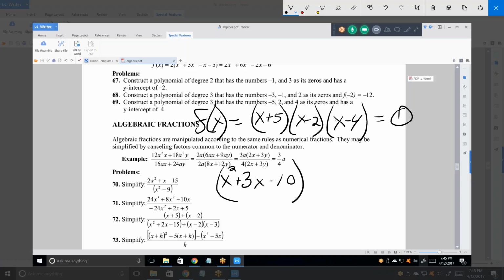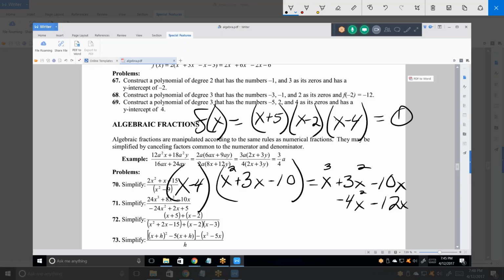And then I'm going to multiply that by x minus 4. And I usually put it in front just because it's a little easier to understand. Multiply those two. X cubed plus 3x squared minus 10x minus 4x squared minus 12x plus 40.